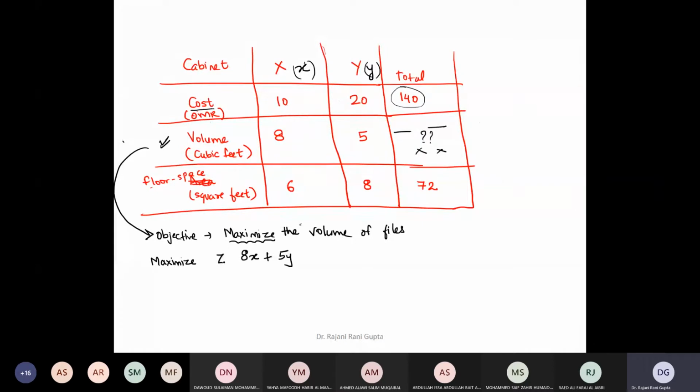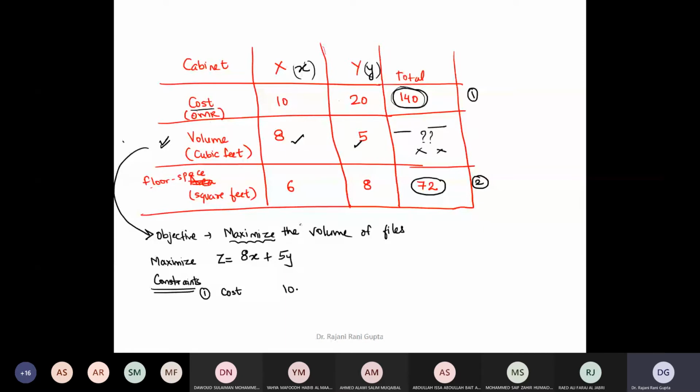Now we will come to the constraints. Constraints mean restrictions. You have a restriction on the cost and a restriction on the floor space, so you will have two constraints. The first constraint is for cost. One X cabinet costs 10 riyal, so X cabinets will cost 10x.